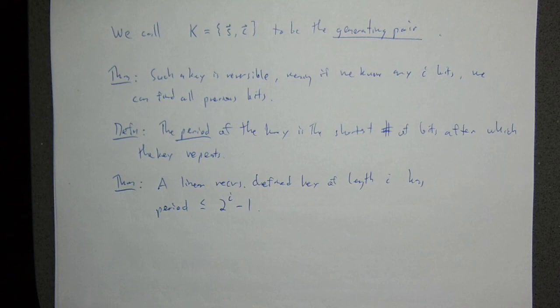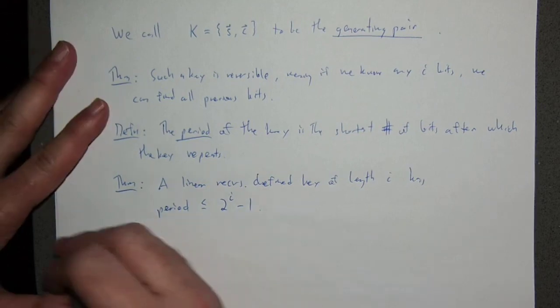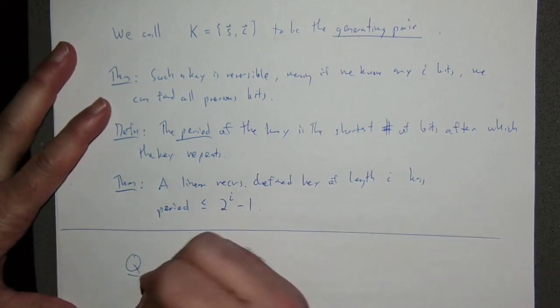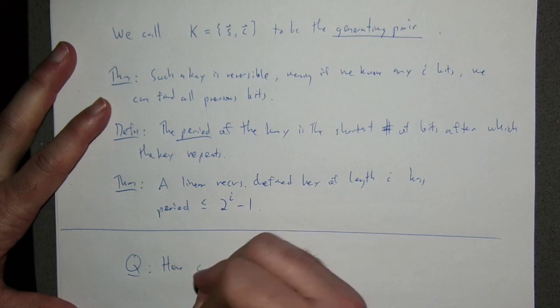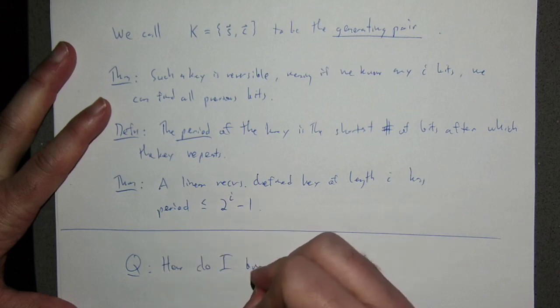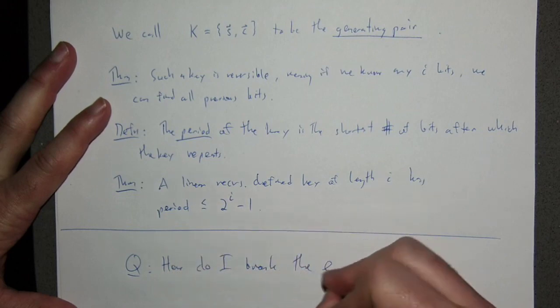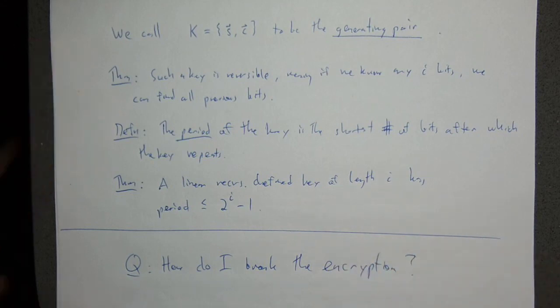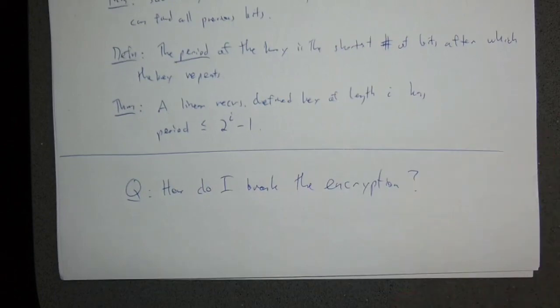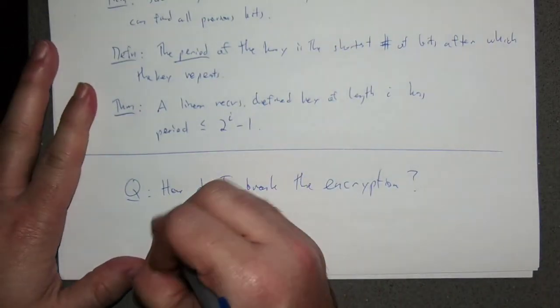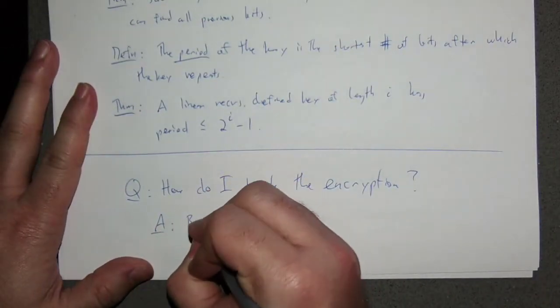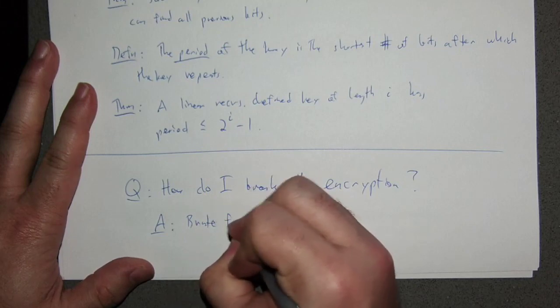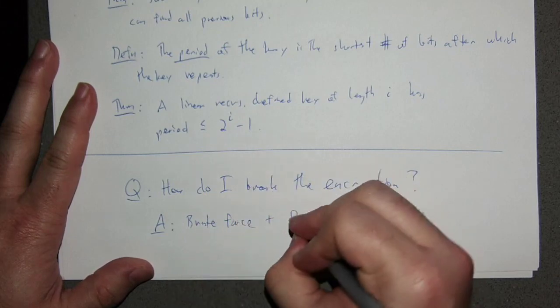How to break the encryption. So, big question is, how do I break the encryption? There are going to be two methods. These are covered in your homework. The methods that we'll talk about are brute force plus refined brute force.